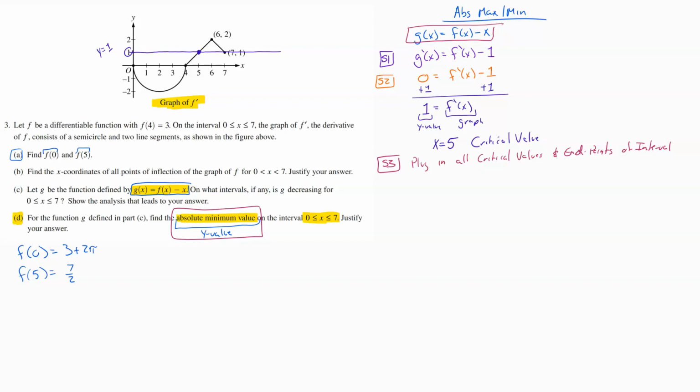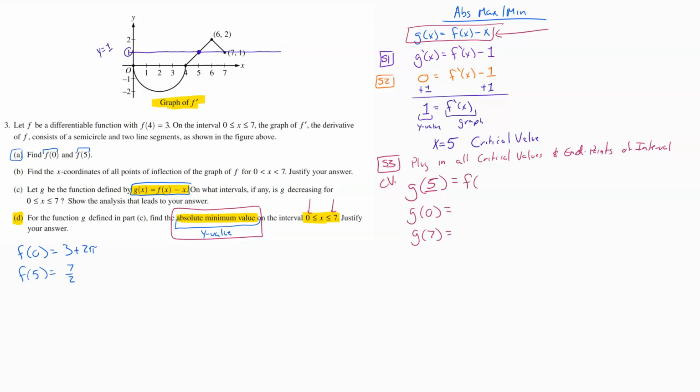So we would come through and say, okay, I want to know what does g of 5 equal. That's my critical value. I also need my endpoints from my interval. So I need to know what's happening at g of 0, and I need to know what's happening at g of 7. Don't overthink this. This is function notation, which says whatever I replace x with here, you replace x with in the actual equation.